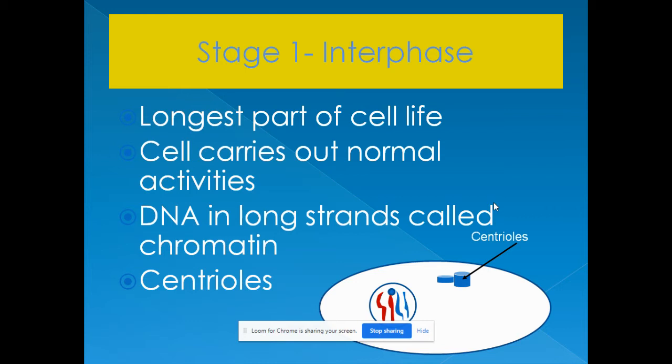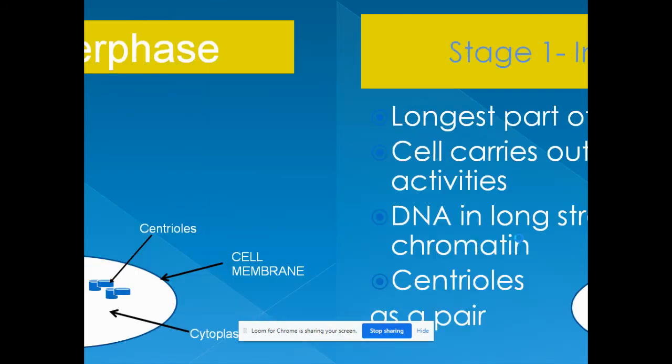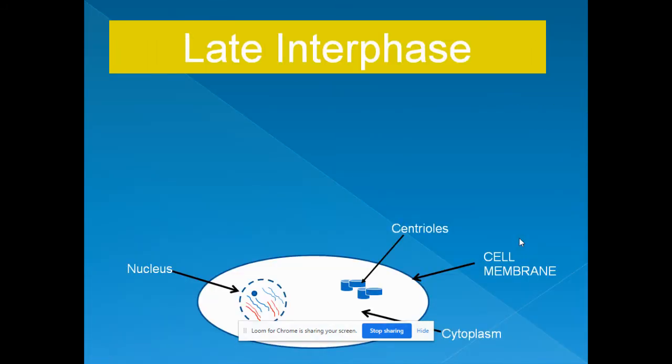The centrioles are produced at the end of the interphase. All right. So your nucleus is still here. Your DNA inside is duplicated, as you can see, red duplicating red, blue duplicating blue. All this process happens during the interphase. And the centrioles, I'm sorry, the centrioles always work in pairs. Always work in pairs.